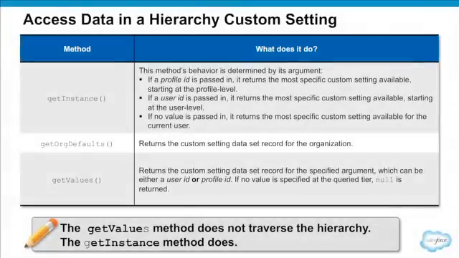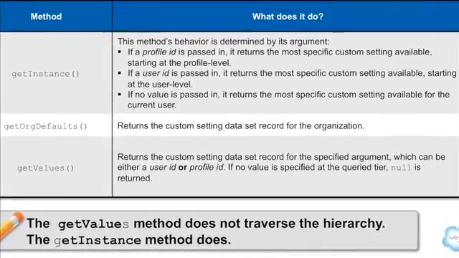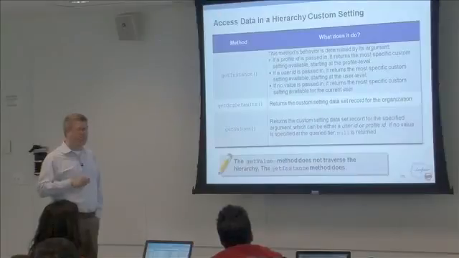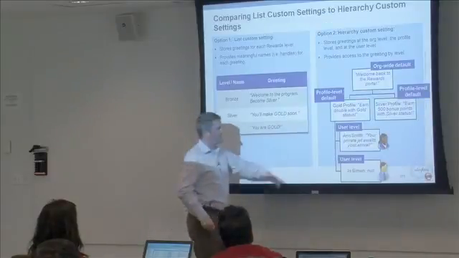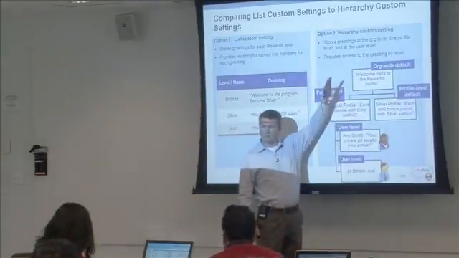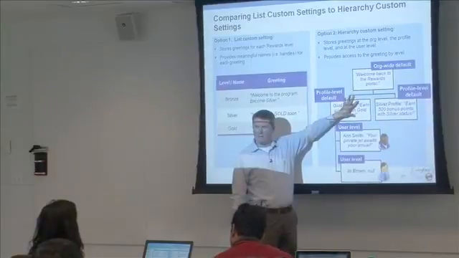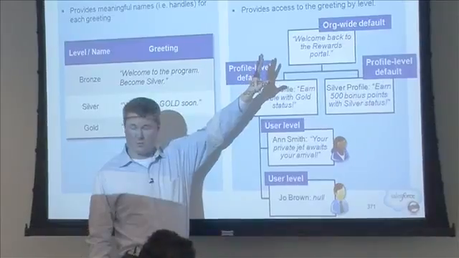When you are fetching your hierarchy settings, there are a number of different options, but the idea is this. When you call getInstance, you're going to specify either a user ID or a profile ID. If you specify a profile ID, what you're saying is, in the hierarchy, start at this level, and if you find a record, return it, or else return the org default.